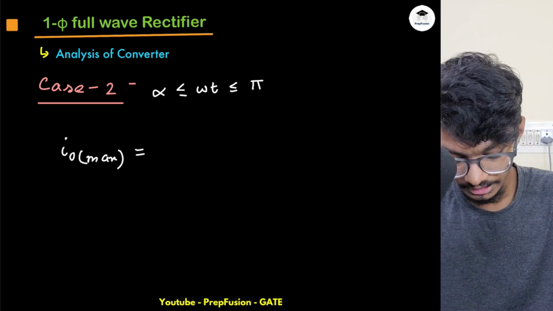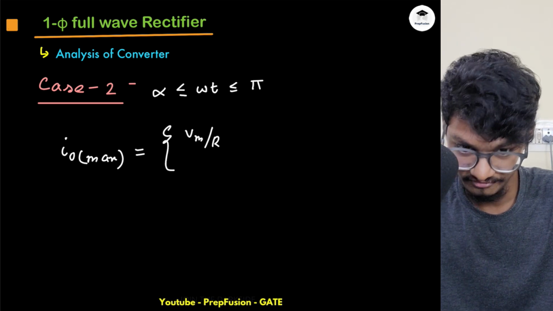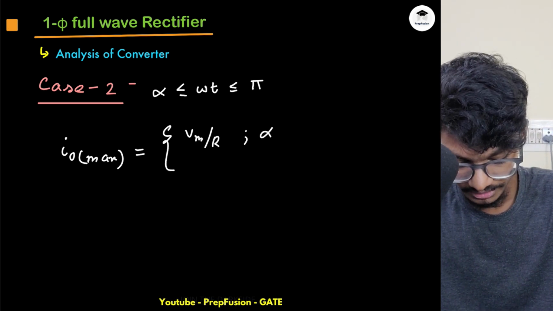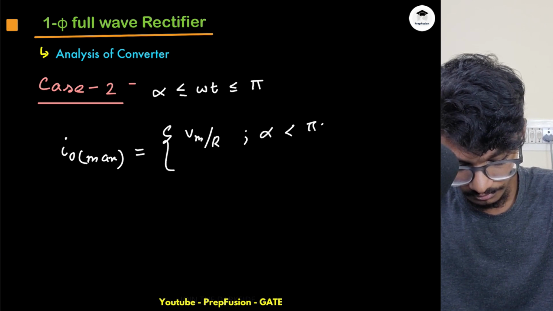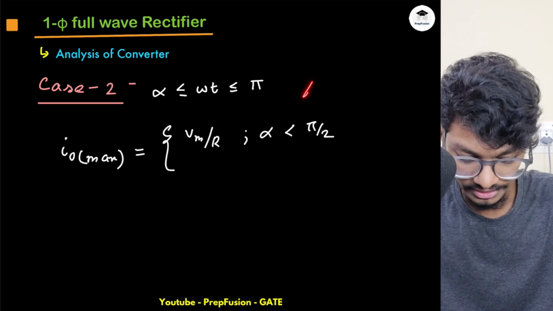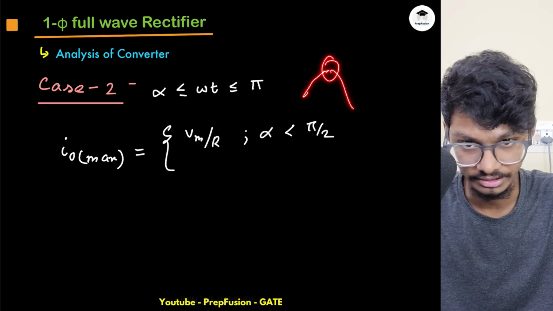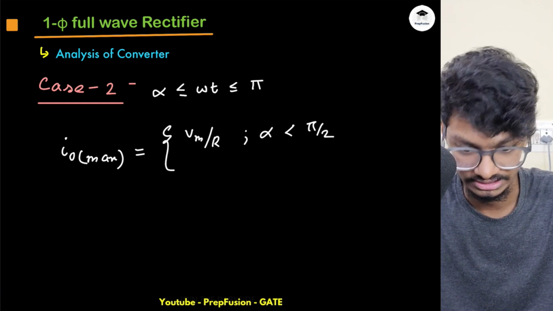It can have two cases again. It can be Vm by R if my alpha is less than pi by 2. Why? Because if my SCR is triggered before pi by 2, the voltage will go up to Vm and then reduce. So the maximum current will be when the voltage is maximum.